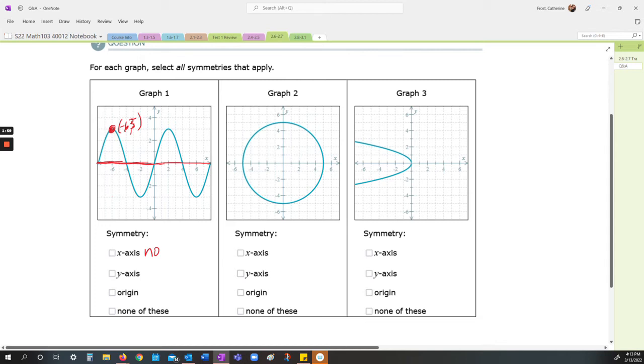So the more literal way to think about this is that if you pick any point, so it's a 3, on this graph, then if you reflect across the x-axis, or think of the symmetric point that you, quote, should have, it would be -6, -3.